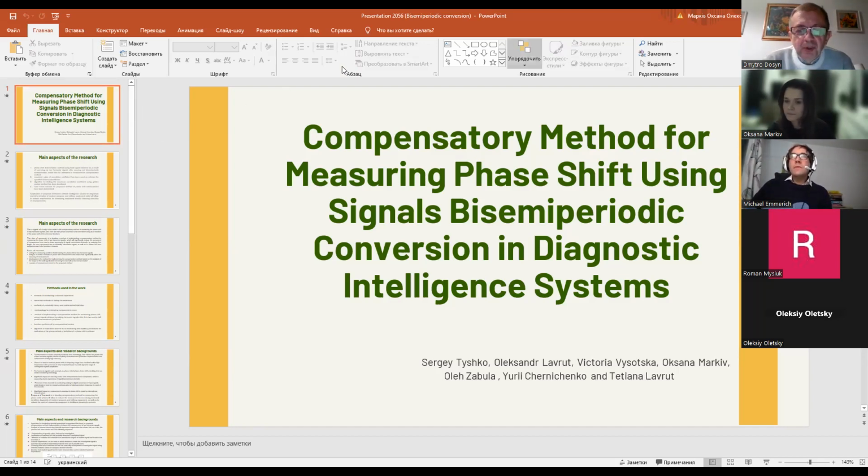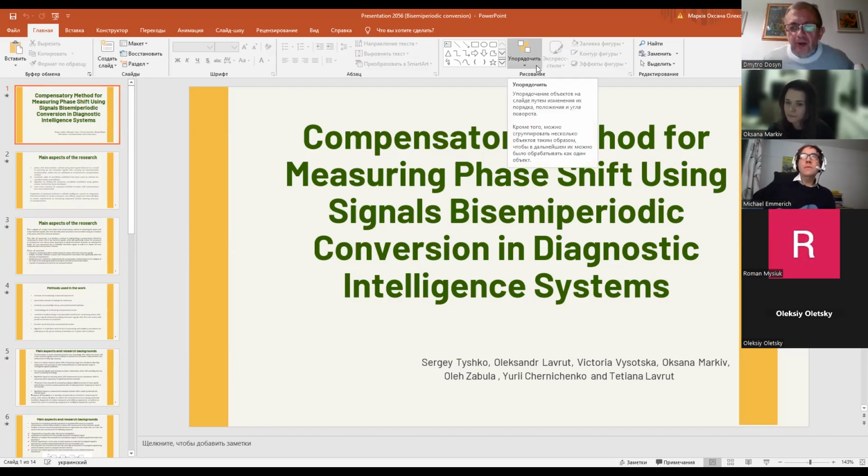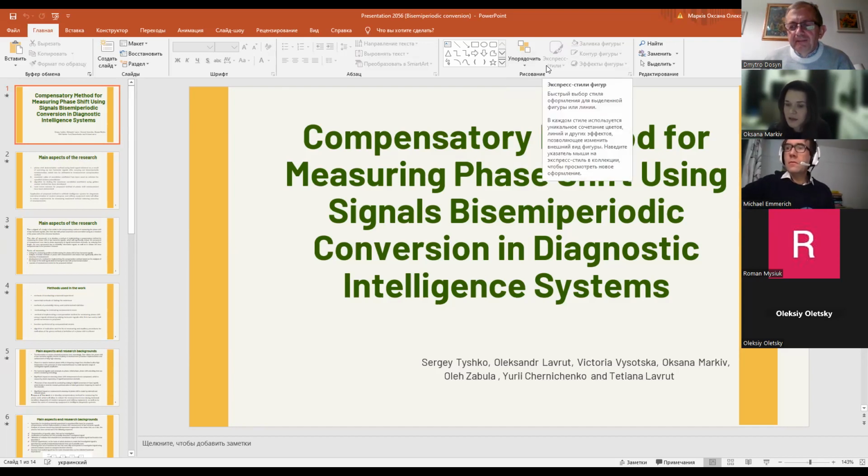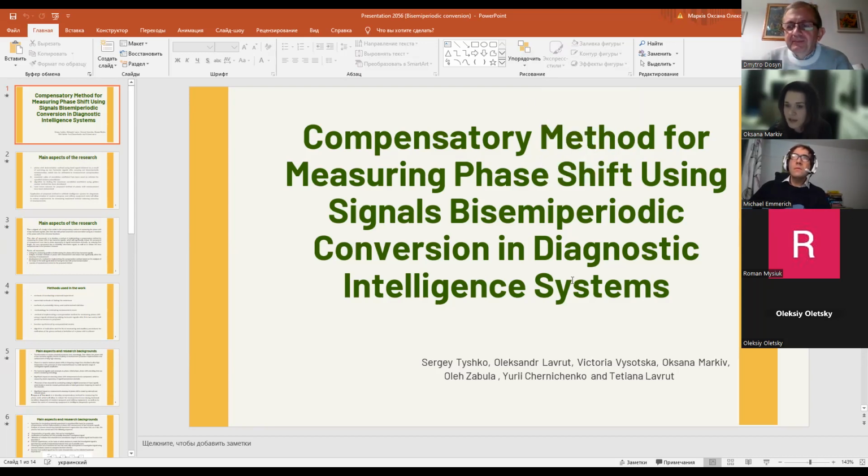I have only a terminological question. This semi-periodic, it seems to me, is a translation from Russian, because B-semi together is periodic conversion. Yes, you know, we also thought about it, and it was two-time signal conversion. It was some kind of two-level signal conversion, but by studying, it doesn't seem like Russian, because we were studying different international articles.